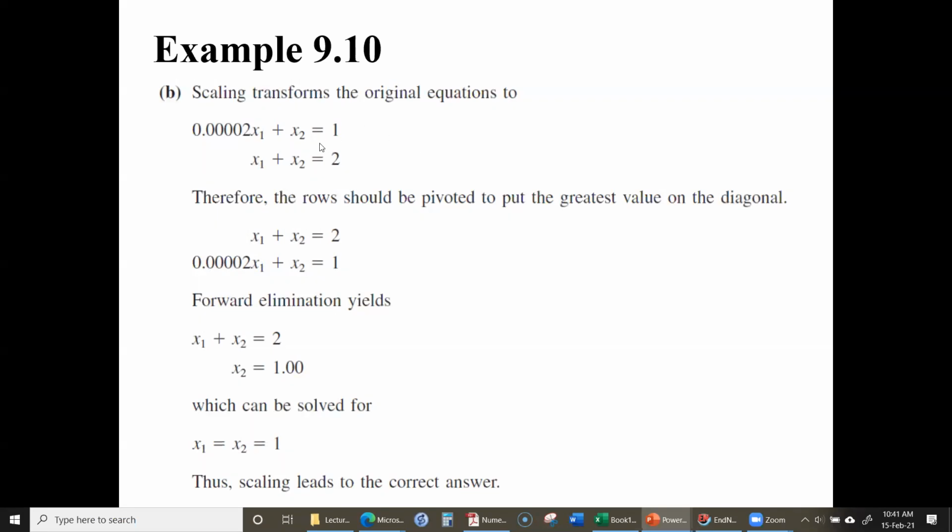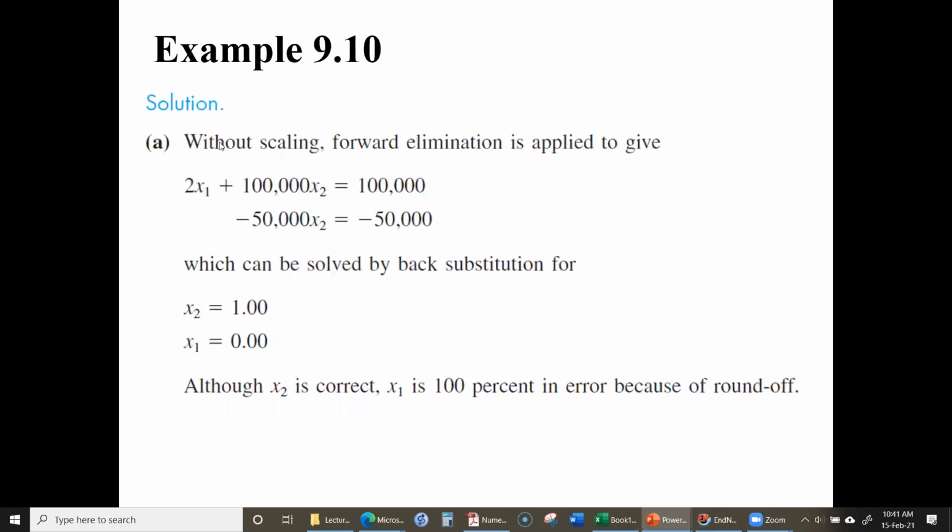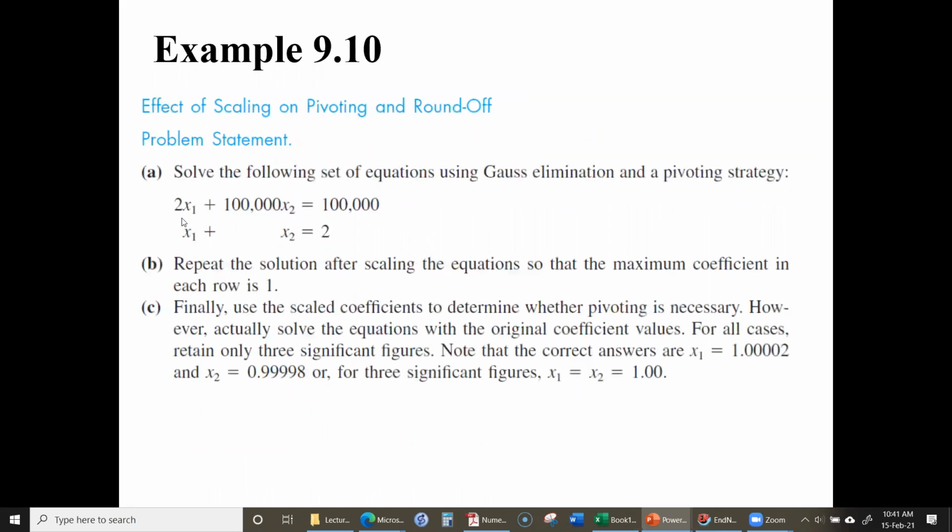So if we scale it, then we can get this type of answer. For example, if we scale this first equation, how can we scale it?